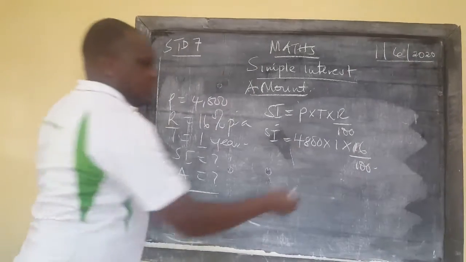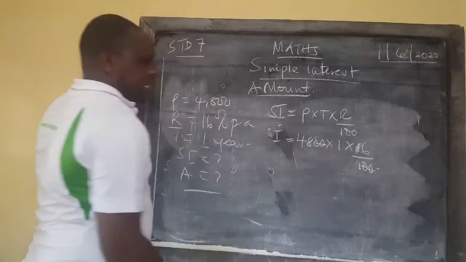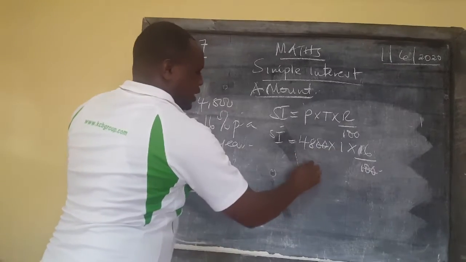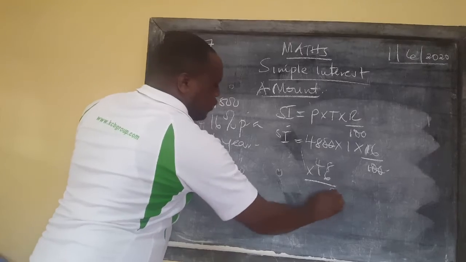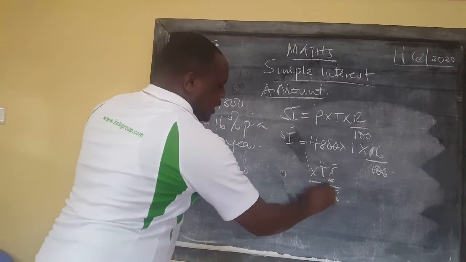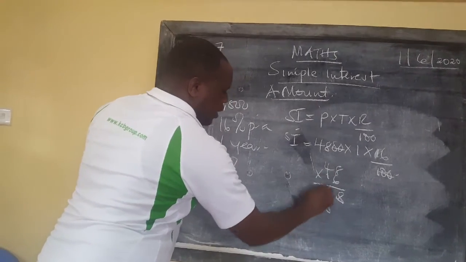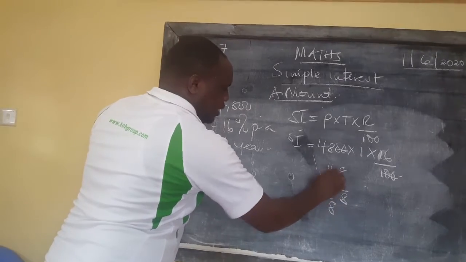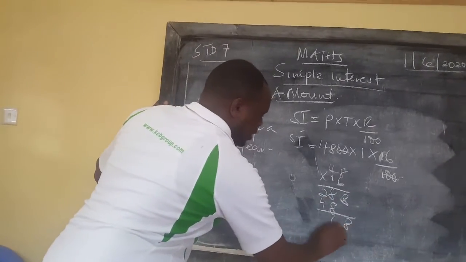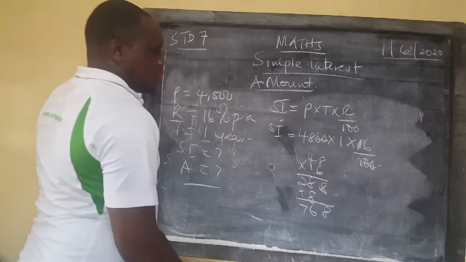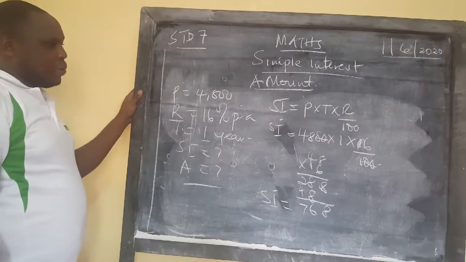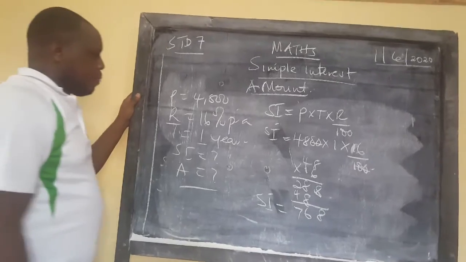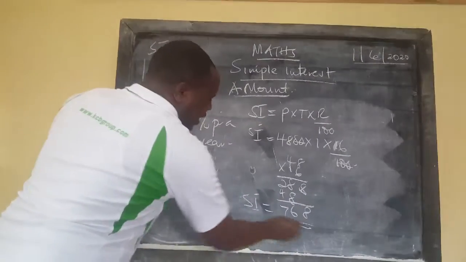In that case, this will give you 48 times 1 times 16. So 48 times 16 will give you 768. So the simple interest earned by that money, 4,800 in 1 year, is 768.